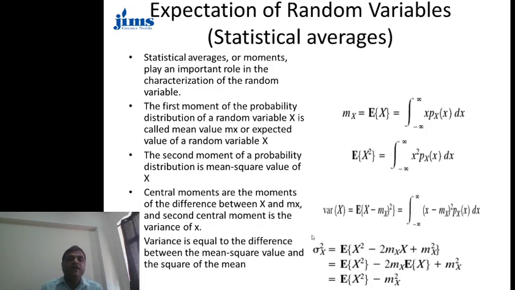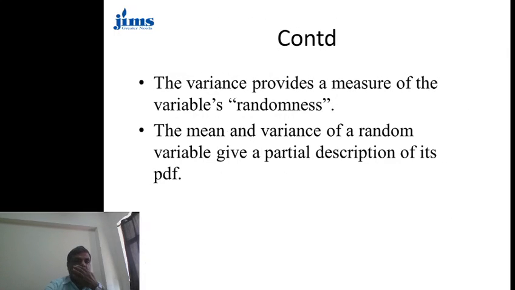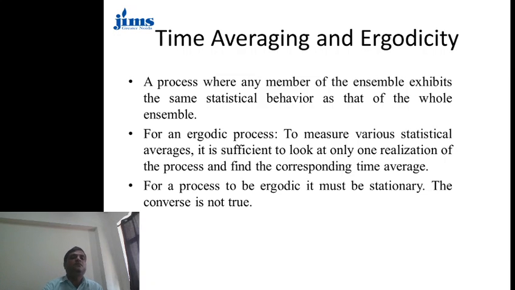In this way we first calculate the mean value, then the mean square, and then the variance of a random variable. The variance provides a measure of randomness, and the mean and variance of the random variable give a partial description of its probability density function.